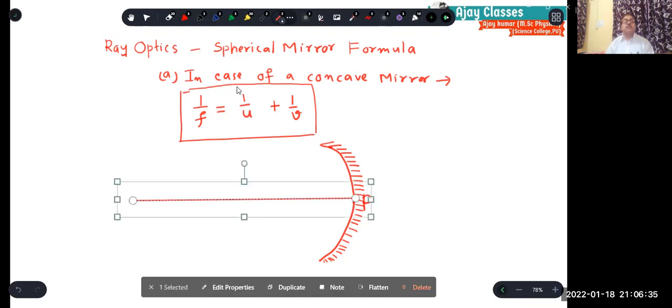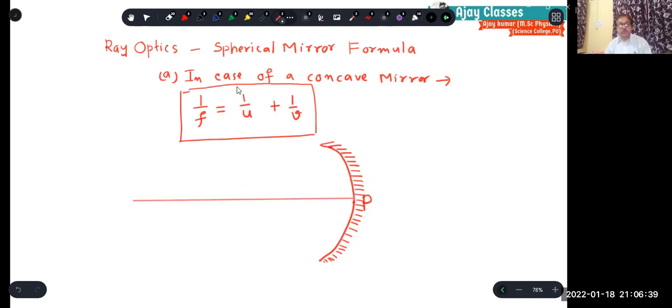Yes, we have taken a principal axis, and so this principal axis has been drawn, which is passing through the point P. P is the pole, and we just choose the point for the object.